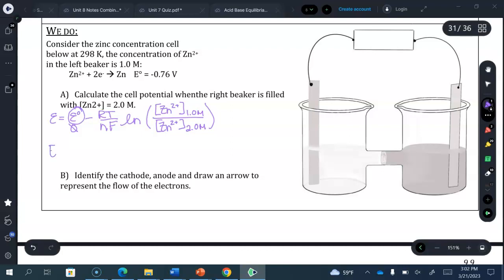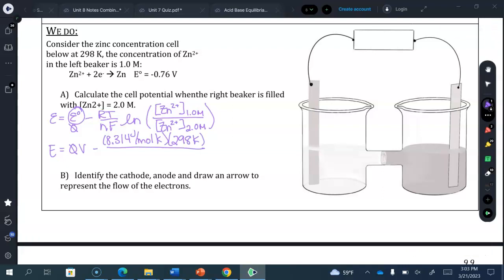So E is 0 volts minus R, which is 8.314 joules per mole Kelvin, times 298 Kelvin, over n, the number of electrons, which it gives us here is 2 moles of electrons.